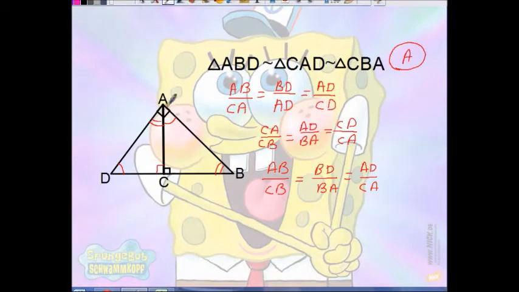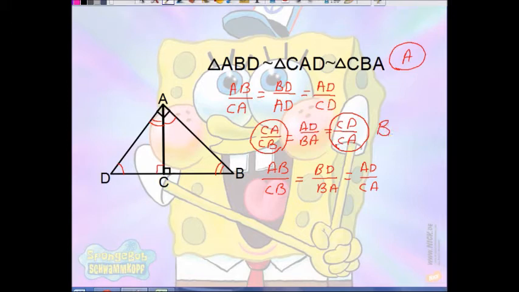What we have here is our altitude, that CA piece. It was the mean proportional, so it was set up on a diagonal, the same diagonal, between the pieces of the hypotenuse. On that big triangle, this was my original hypotenuse, the piece across from the right angle. It was split up into two segments, the DC segment and the CB segment.